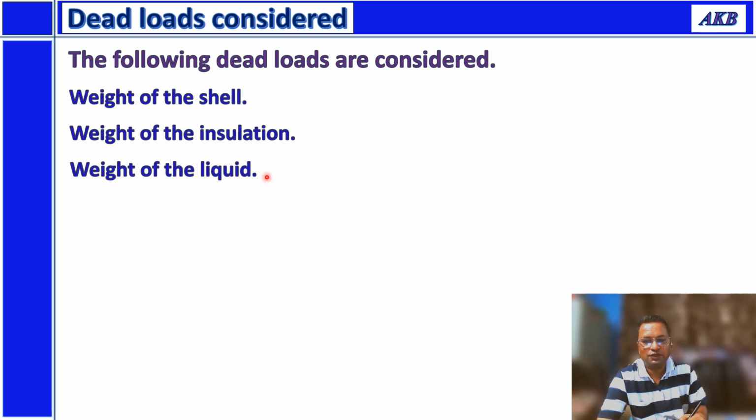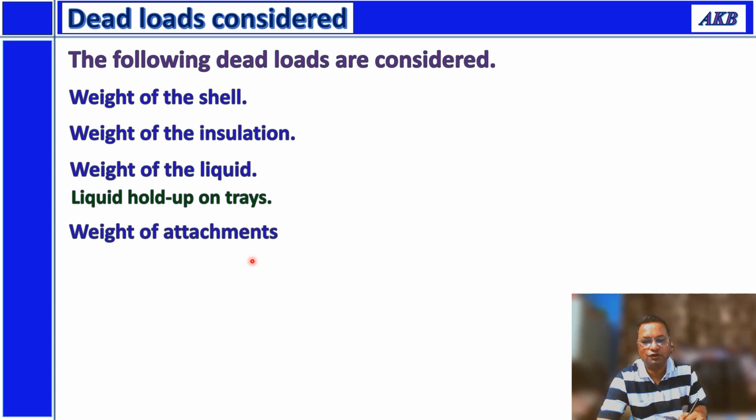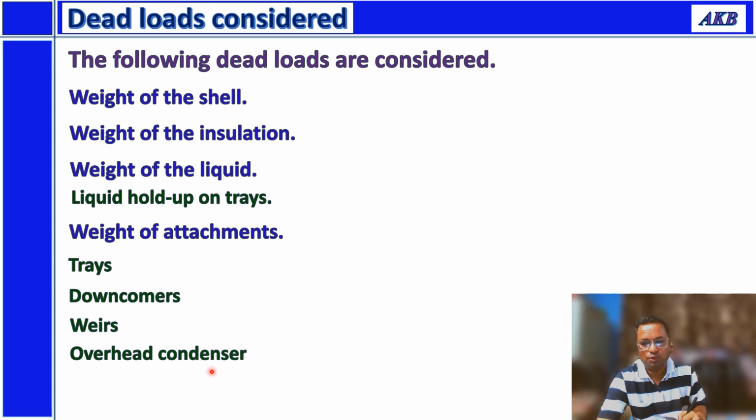So the weight of the liquid on those trays also has to be considered, and liquid on trays is nothing but liquid holdup on those trays. Then the weight of attachments, various attachments like trays, downcomers, weirs, overhead condenser, top head, platforms, ladder.